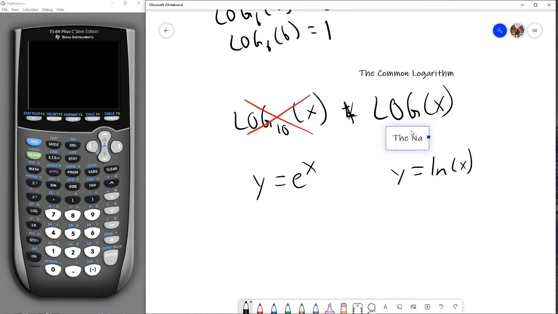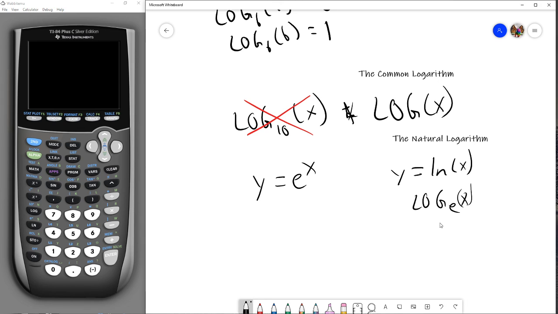The natural logarithm is the same thing as log base e of x, where e again is Euler's number. However, this is bad notation, so never use it. You always want to use ln. And that is also what this ln button is. So look at our calculator: this ln button is natural log. This log button is log base 10. All scientific calculators and graphing calculators have those as built-in functions.